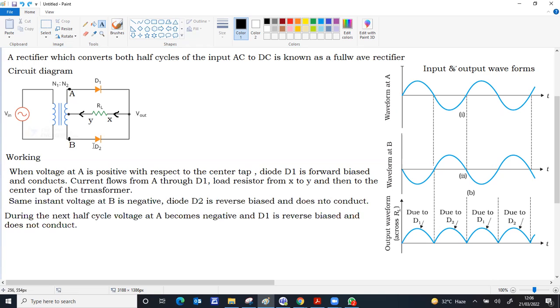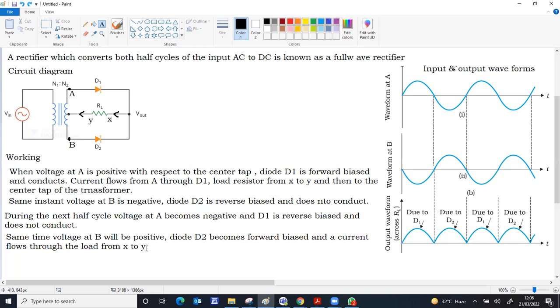So the P region of D2 is connected to positive high potential. D2 becomes forward biased. Current flows from B, D2, again through the load X to Y in the same direction. That's important. Current flows in the same direction.